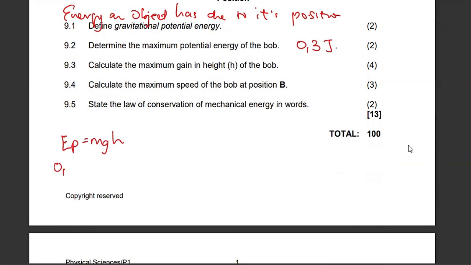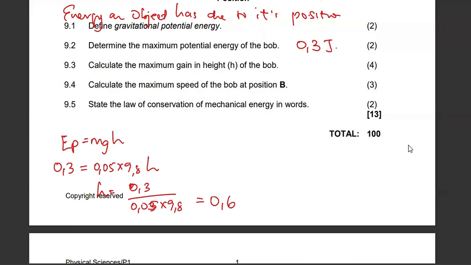Now we have the energy as 0.3. The mass is 50, change it to kilograms, it's going to be 0.05 multiplied by 9.8 h, meaning that h is going to be 0.3 divided by 0.05 multiplied by 9.8. Okay, so what does this give us? I'm getting a 0.61 meters.